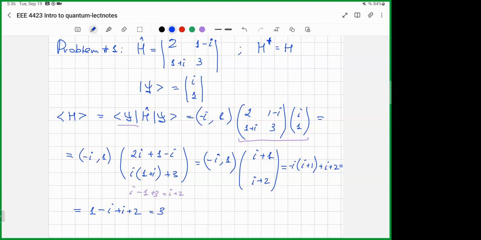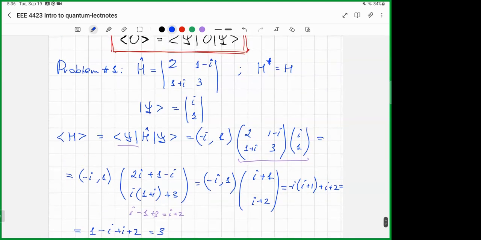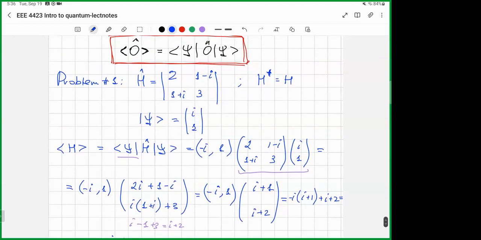So this is the way how for any operator, any observable, in a particular state, we can get the expectation value. But what if we don't know the state? In this particular case, on this problem 1, we assume that our system is prepared in this quantum state, psi I1.